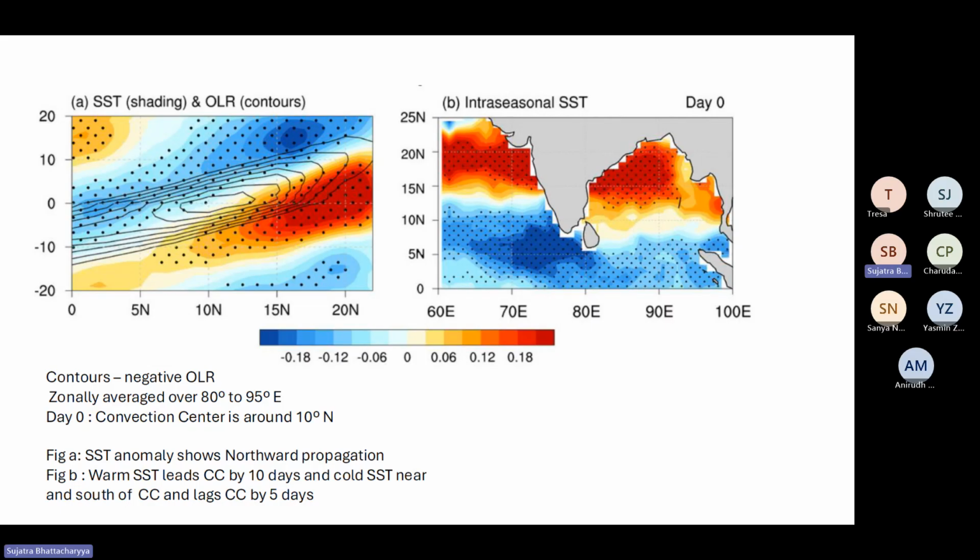And this is the SST anomaly. Here we can see that this positive anomaly, warm SST, leads this convection center by around 10 days. And this is the spatial pattern, which also shows that if the convection center is around 10 degrees north, there is a cold SST behind the convection center, and ahead, north of it, is the warm SST.